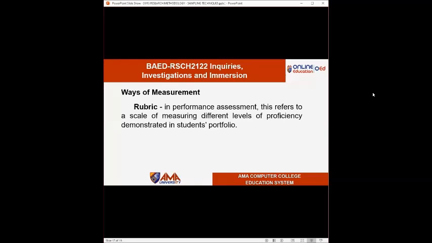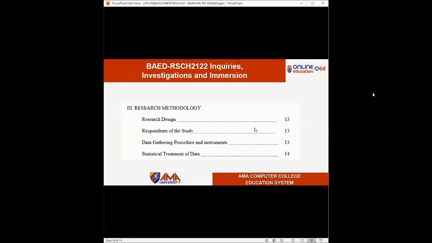Kunwari, ang rubric ay kung paano kayo i-assess sa isang performance. Let's say, for example, sa pagpe-present ng sayaw, merong ginagamit dun na rubrics para ma-evaluate yung performance ninyo.